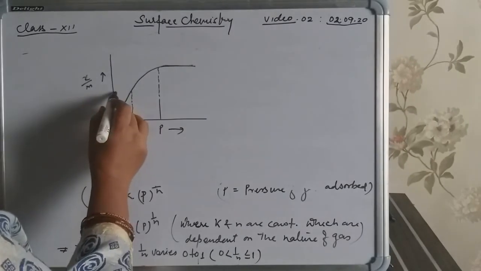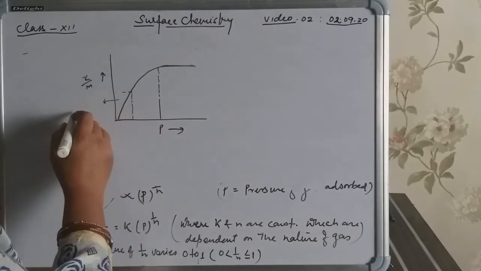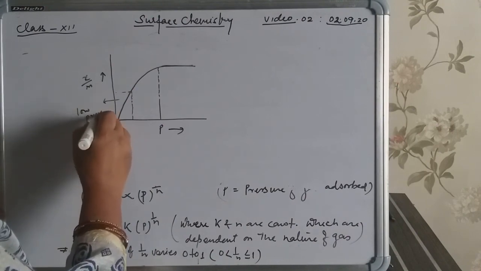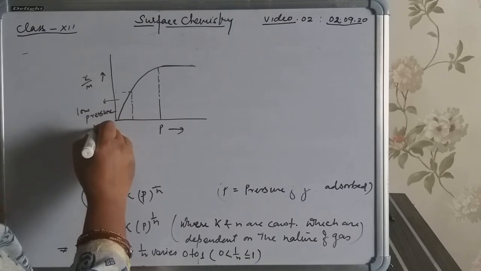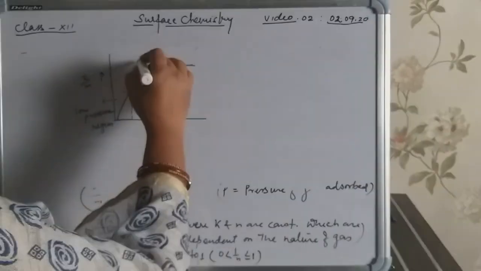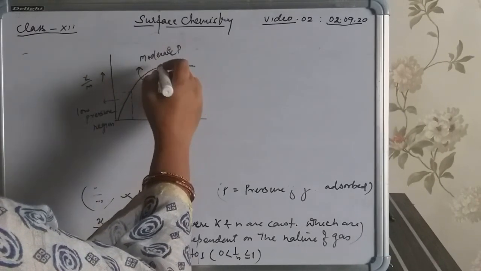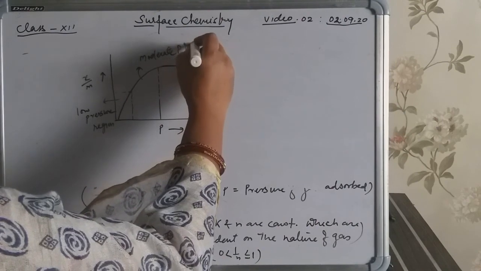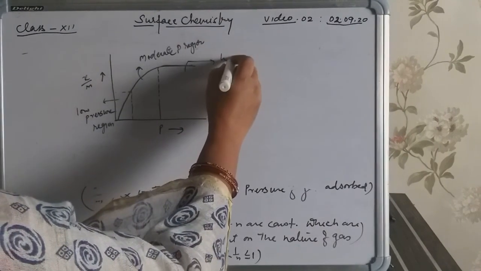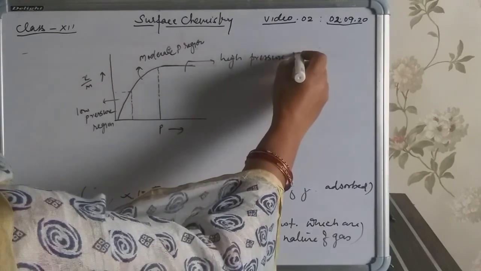So he divided it into 3 parts: this is the low pressure region, this one is the moderate pressure region, and this one is the high pressure region.